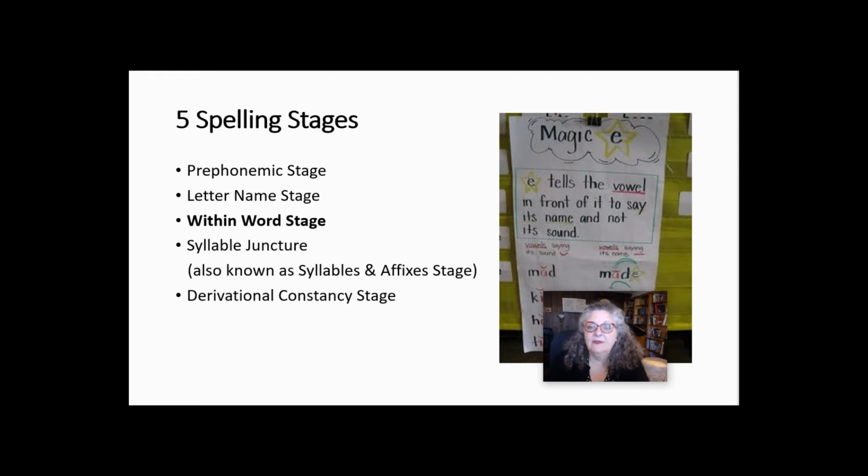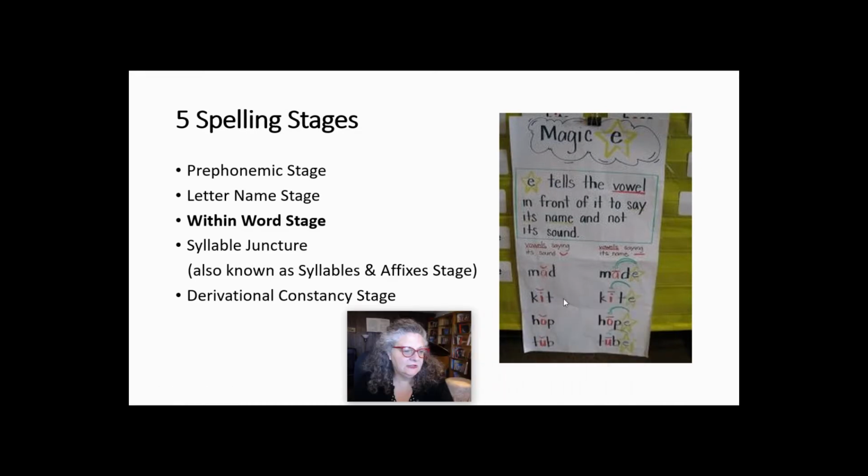So we have vowel consonant E. Mad turns into maid, right? Kit turns into kite. So within word and letter name, we're really thinking about helping kids match a sound to a grapheme. That's the work we're doing at that point. And we use, of course, word study sorts to help them make those comparisons in sound.